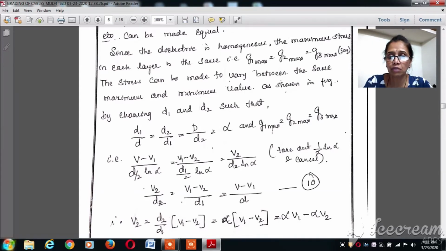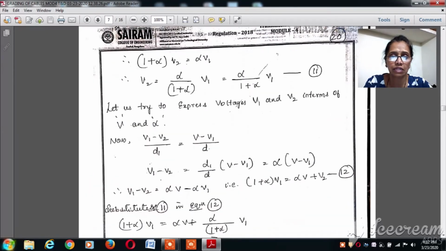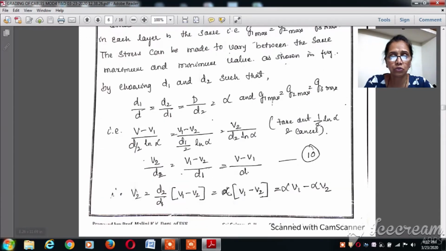Again from equation 9 we can write this as V2 divided by D2 by 2 ln alpha. If we take out the common factor, half ln alpha, and cancel it, the equation reduces to equation 10, that is V2 divided by D2 is equal to V1 minus V2 divided by D1, which is equal to V minus V1 divided by D. Keep this as equation 10.